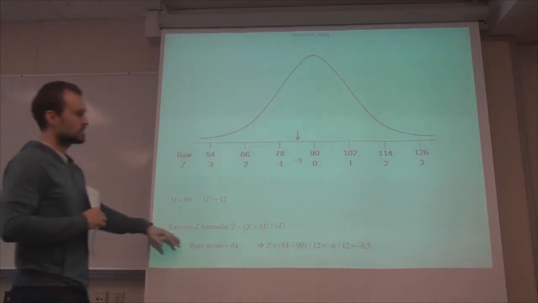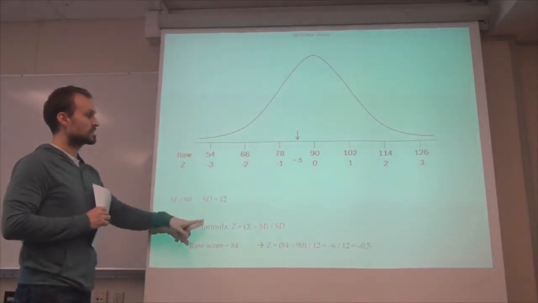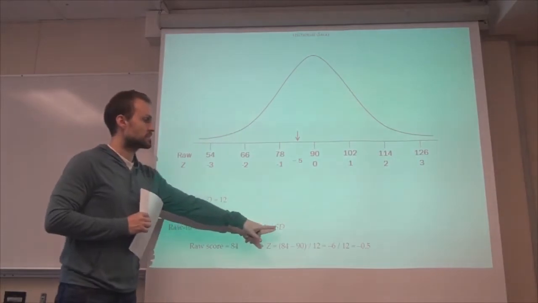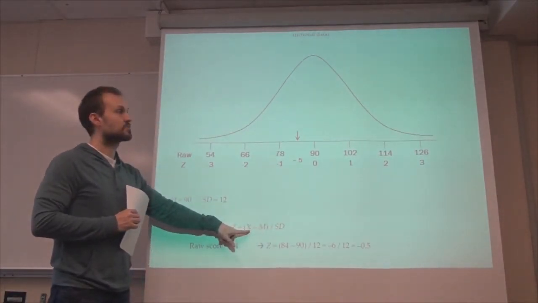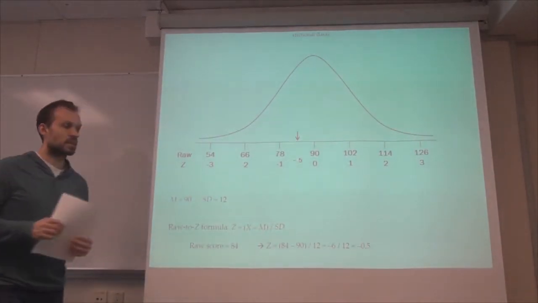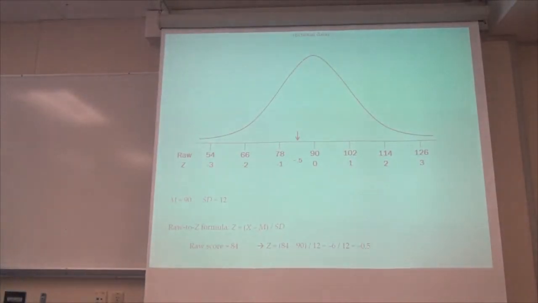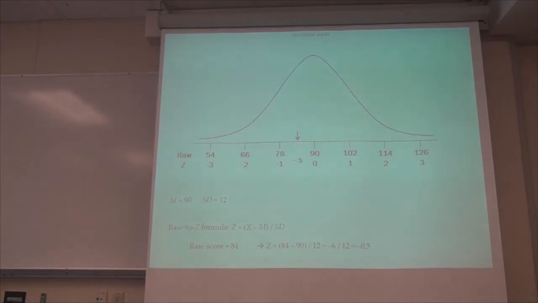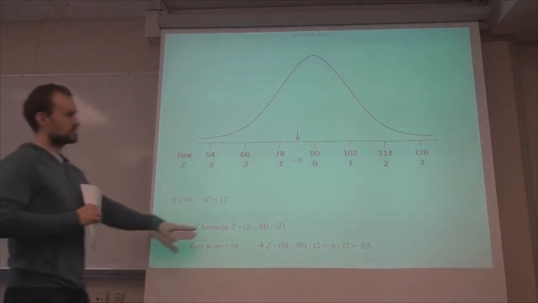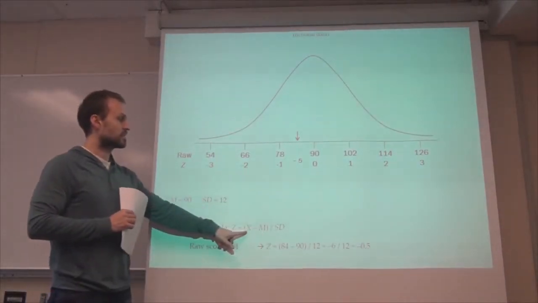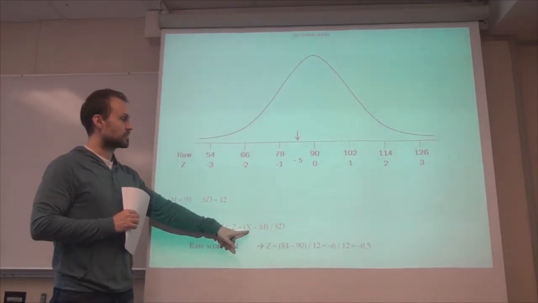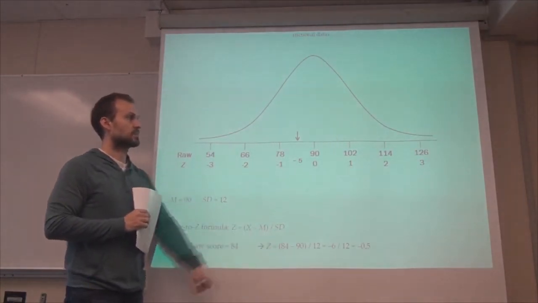Hopefully everyone can see it. Given the mean and standard deviation and a specific score, how do I calculate its z-score, indicating where it actually sits in the distribution? I take the difference between the score and the mean and divide by the standard deviation.